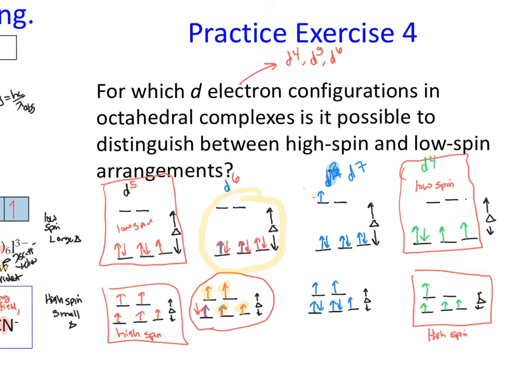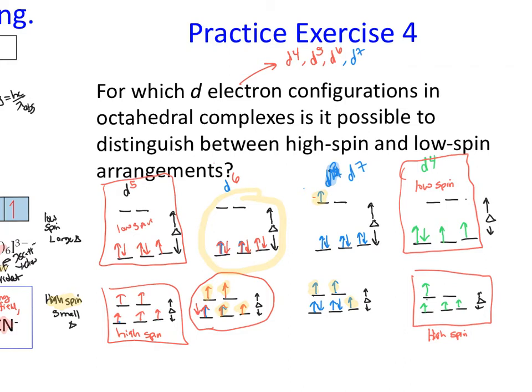So again, I can distinguish, right? There is a difference. For D7, if it's high spin, I have 3 unpaired electrons. If it's low spin, I have only 1 unpaired electron.